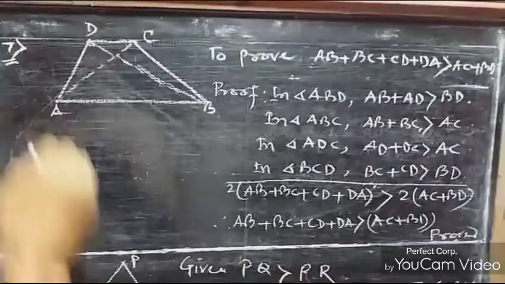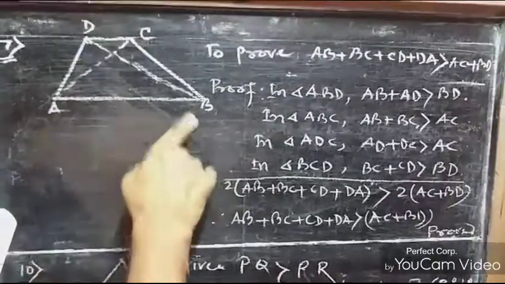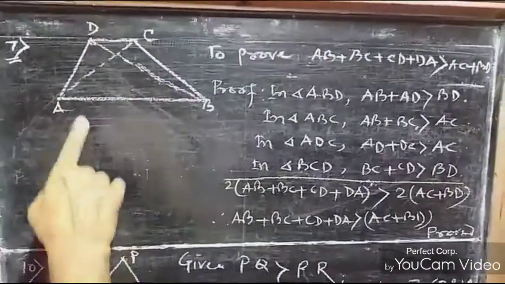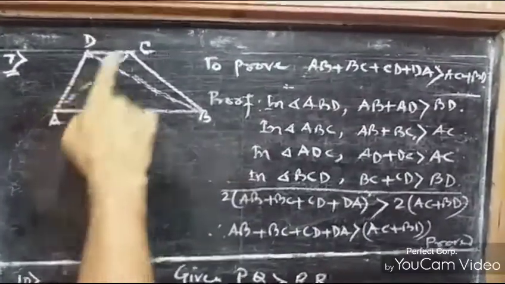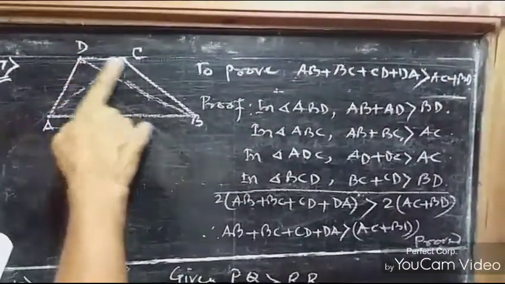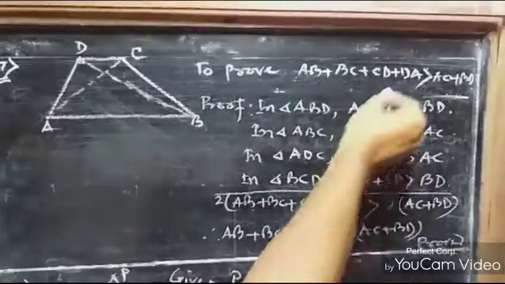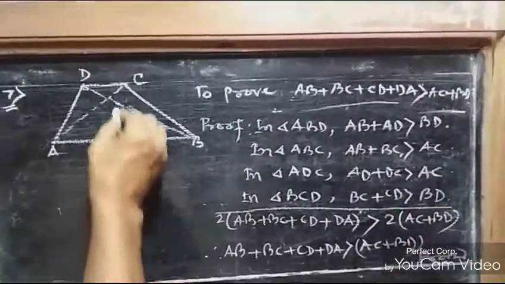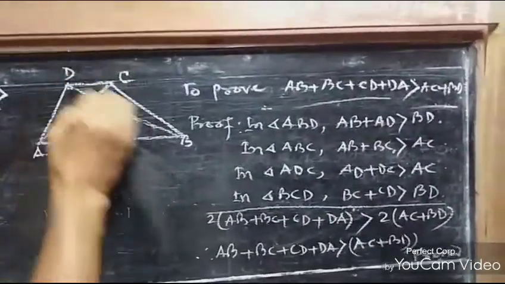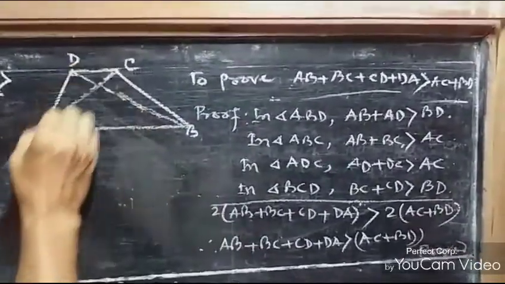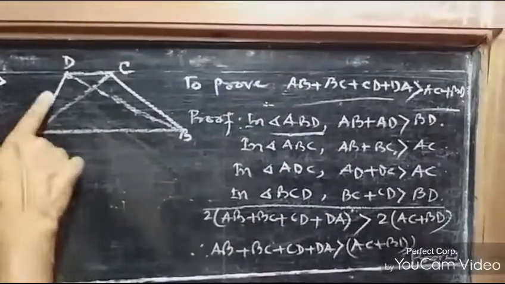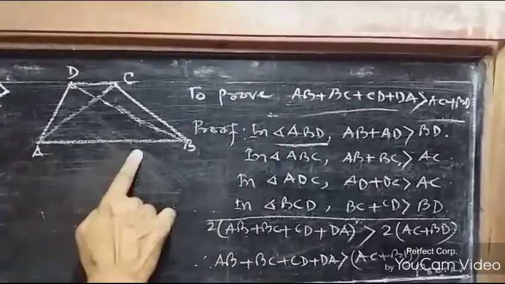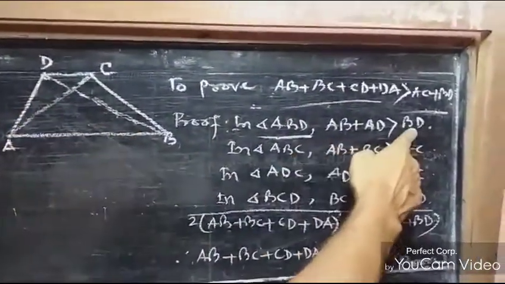Number 7. It is given a quadrilateral ABCD. Show that AB plus BC plus CD plus DA is greater than AC plus BD. We need to prove this one. See, we are joining AC and BD. Now in triangle ABD, the sum of two sides is greater than the third side, that is AB plus AD is greater than BD.